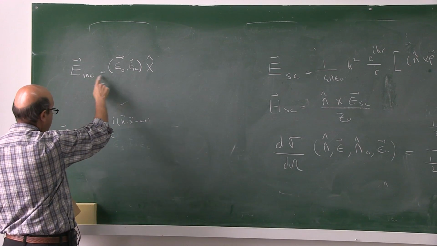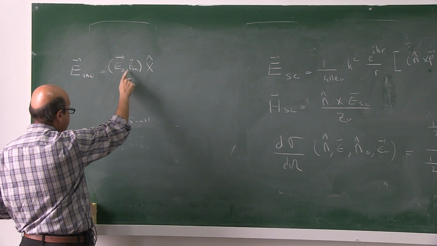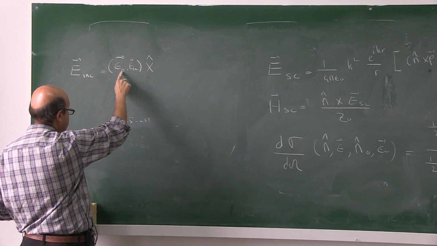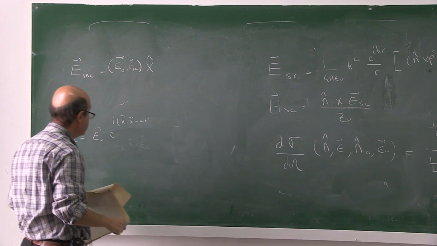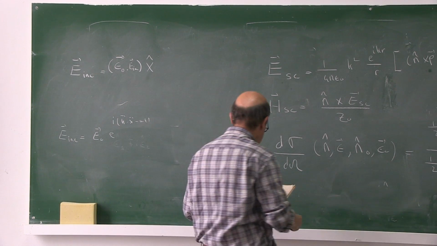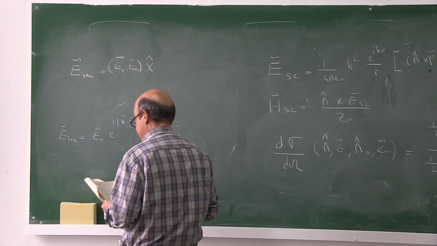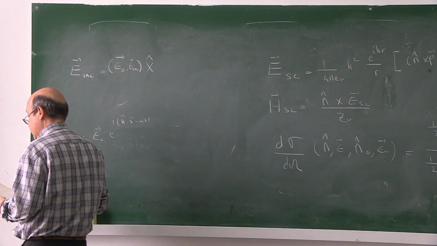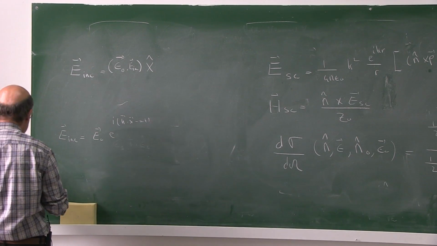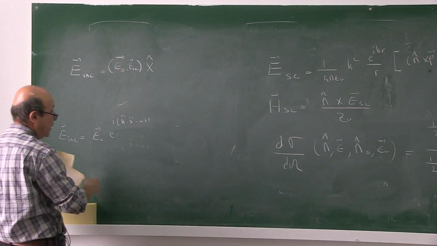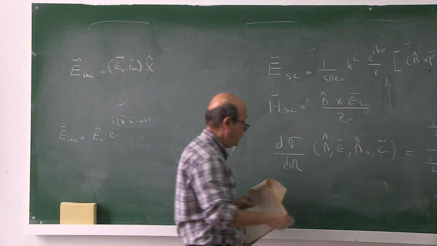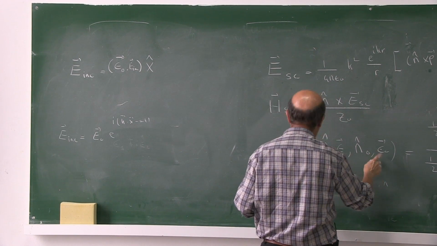I'll take the coefficient of this as a projection of the E incident to an arbitrary polarization. So that is a, in general a complex quantity, and we are trying to put the polarization in our calculations.